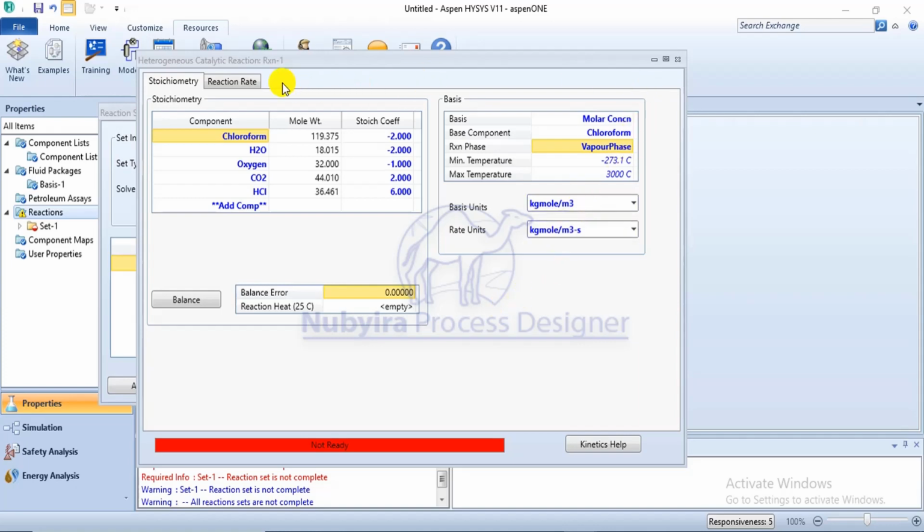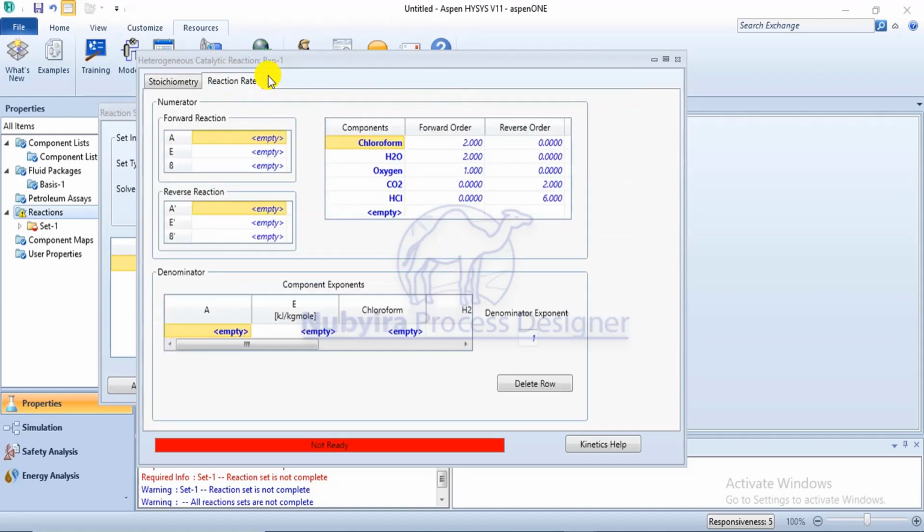The next section is the reaction rate, which we will specify step by step until we are done. This was already filled in by Hysys because I already specified the stoichiometry. We may have to modify some of the numbers here before we continue. It is a forward reaction in this case, so we are not dealing with the reverse tab, just the forward tab.